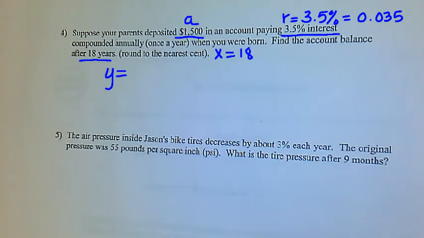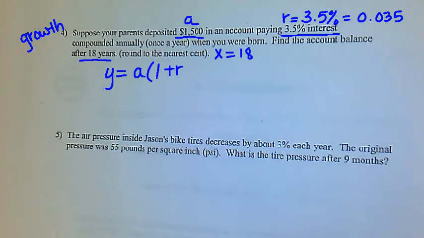So Y equals A, let's see. So this is going to be growth, because interest. Okay, so it's going up. All right, let's see. 1 plus R raised to the x power.